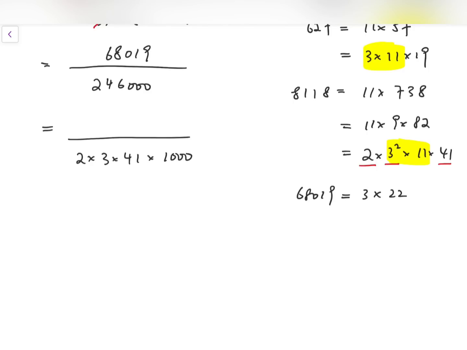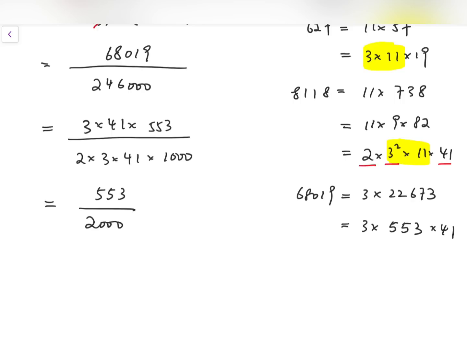The quotient is 22,673. If you want to further divide by 41, then it's 553. So that means I can even remove the 3 and 41, and what remains is 553 over 2,000.